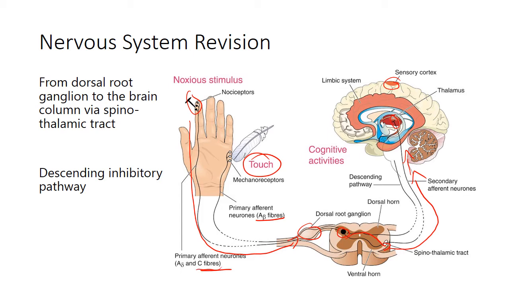Our C fiber is a little different, that also connects to our limbic system here, which is where we process emotion.